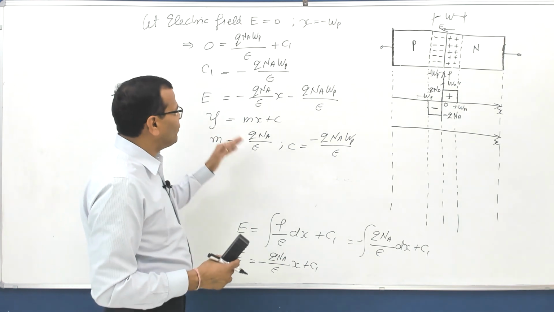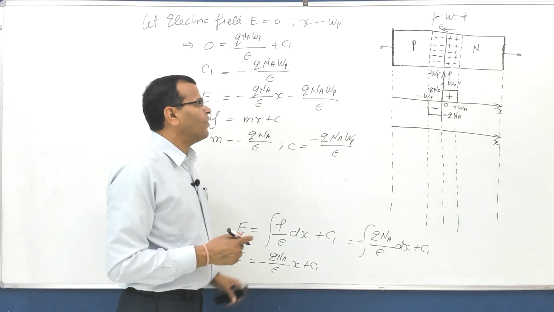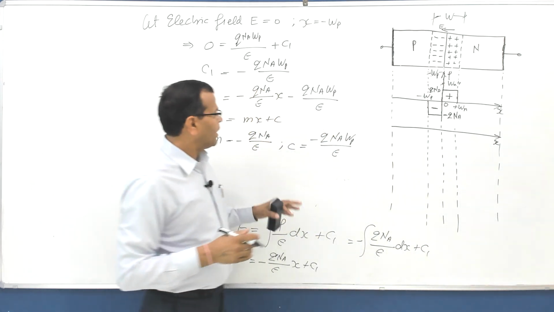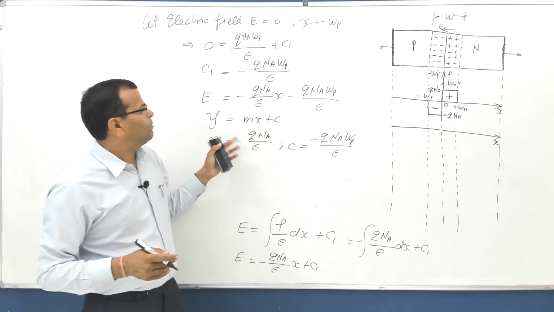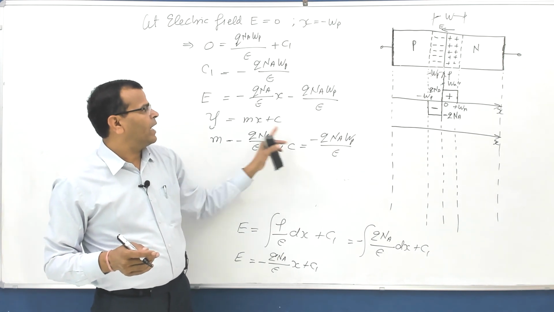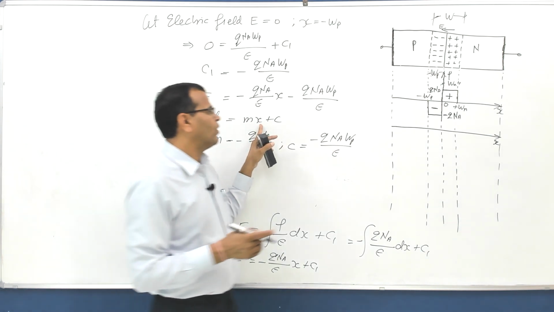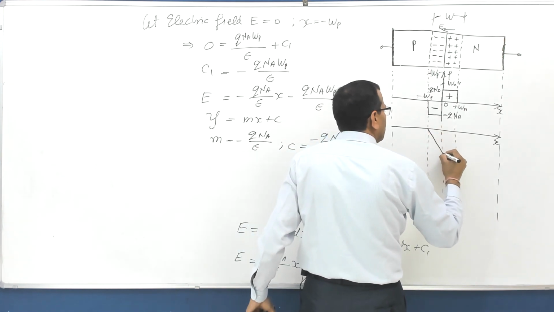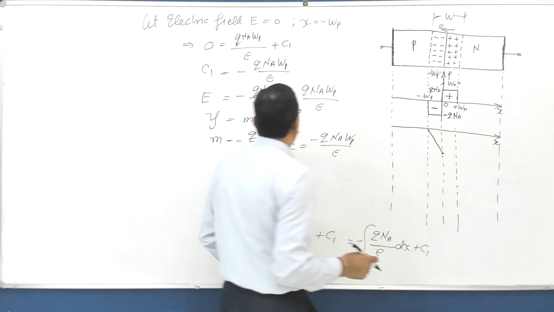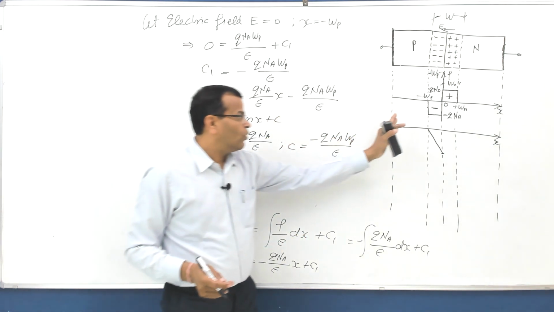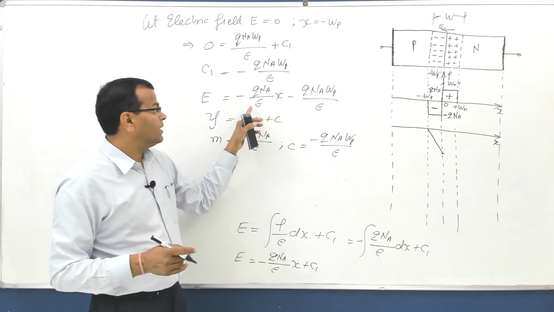So if you draw this variation, I'll start from minus Wp. At x equal to minus Wp it is 0, and it becomes minus Q N A Wp by epsilon at x equal to 0. So you are varying the electric field from 0 to C, and C is this. Why is it going downward? Because the slope is negative.